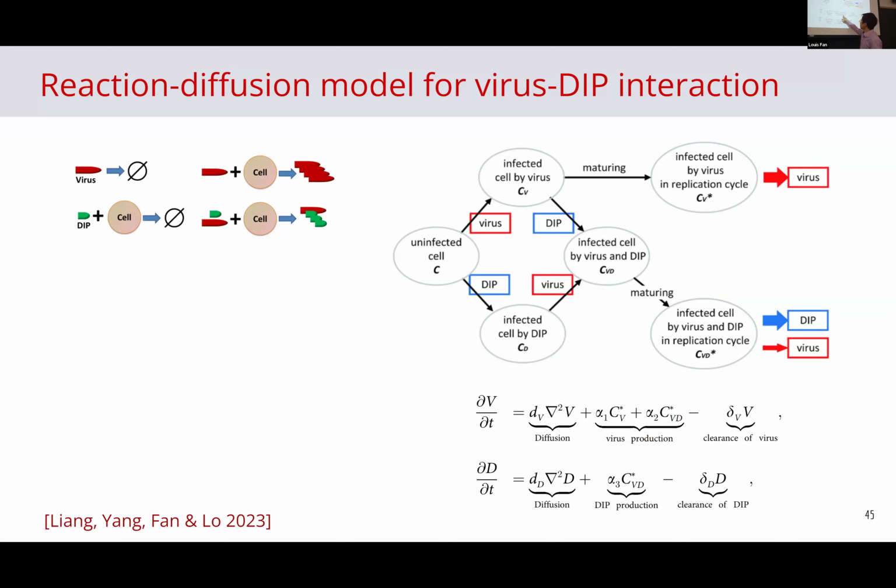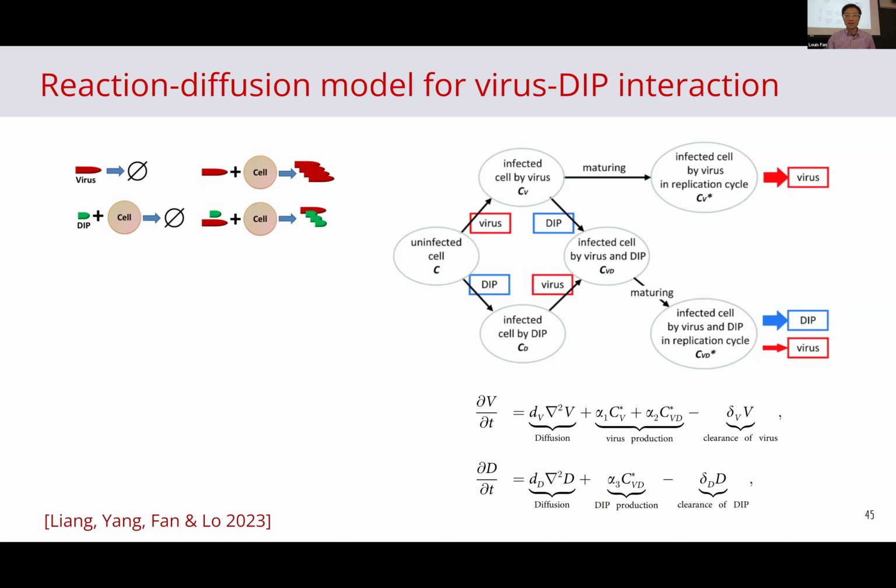And there's virus production and also degradation. And then there are 6 other equations that describe the density of 6 cell types, including the uninfected cells, cells infected by virus only, cells infected by DIPs only, cells co-infected by virus and DIPs, and the cells that are mature enough to produce virus and DIPs. So there are 8 equations that I did not show, but you can imagine it will be a reaction diffusion equation taking into account all these reactions.